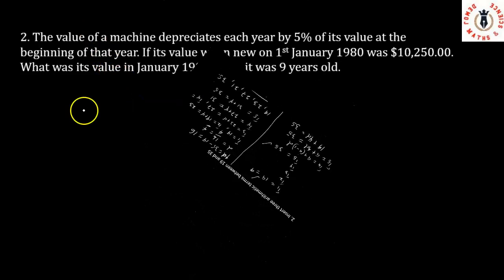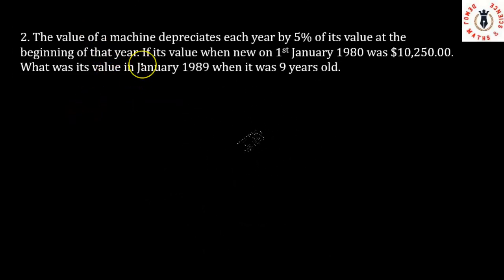For our third question, we're given that the value of a machine depreciates each year by 5% of its value at the beginning of the year. If its value when new on 1st January 1980 was $10,250, that means the value at t1, which is the same thing as a, is $10,250, and it depreciates at 5%.